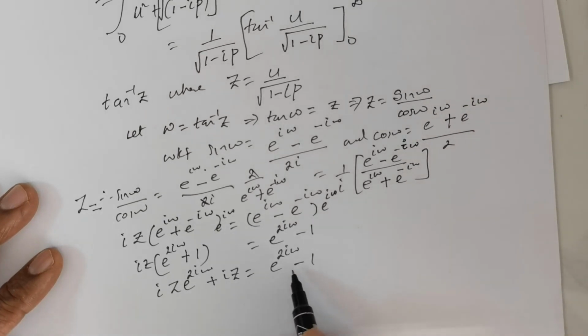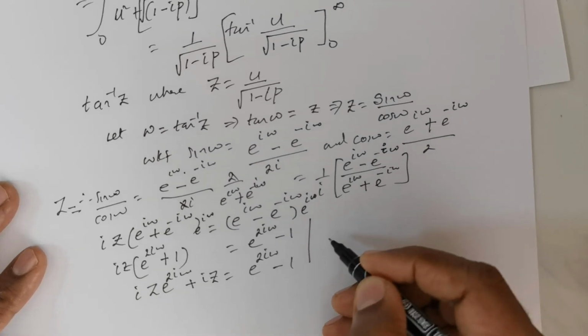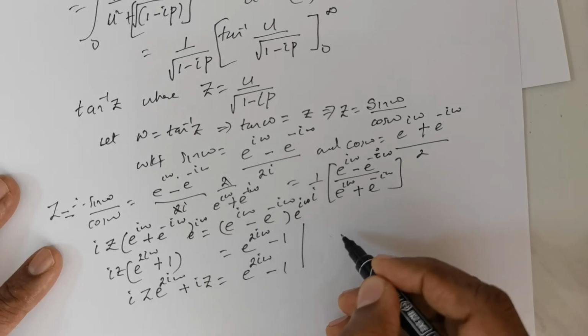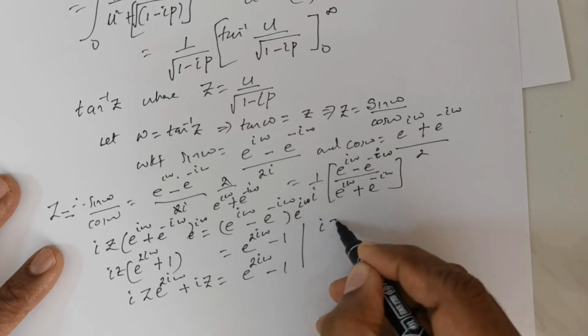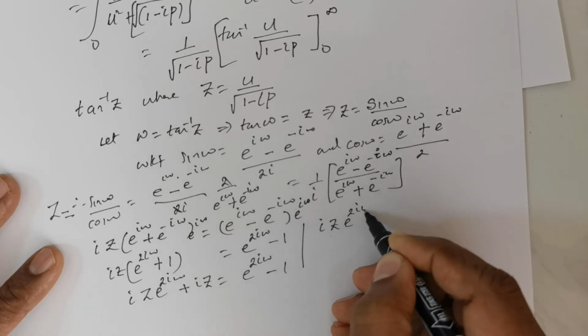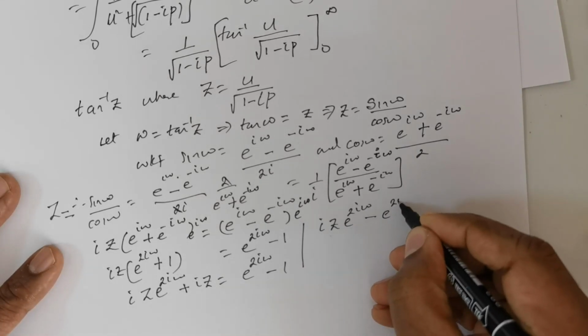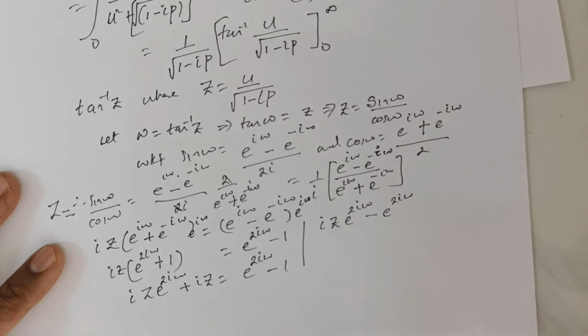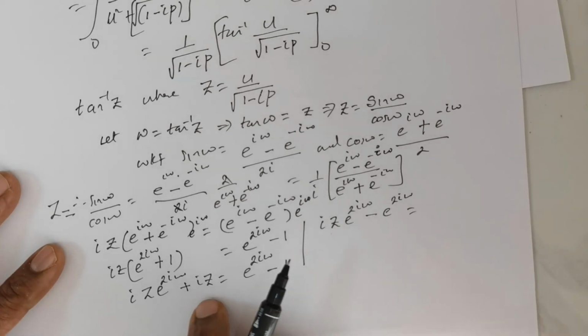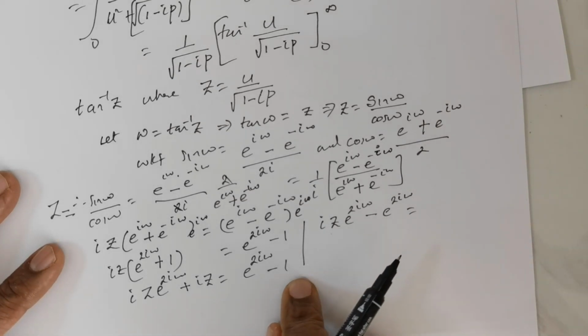Now I can bring this quantity all to this side, so let me use this part of the page. So this is equal to i times z times e raised to the power of 2 times i omega minus, this is brought in, e raised to the power of 2 times i omega, and then I'm going to take this out to the other side.